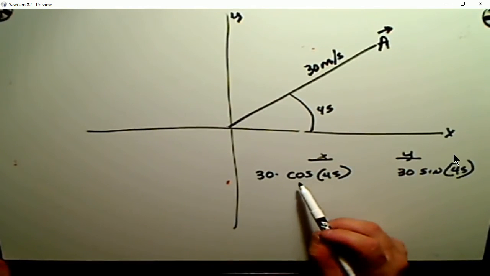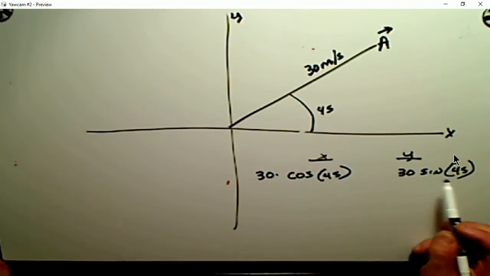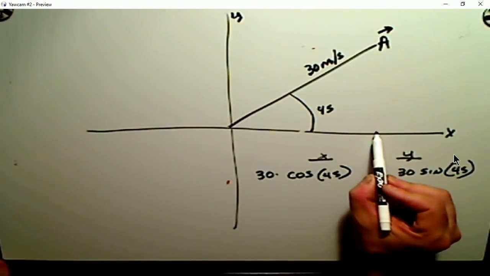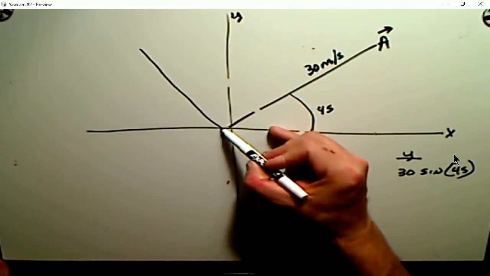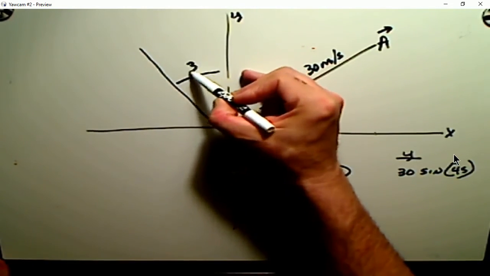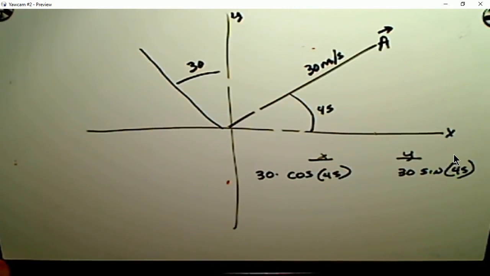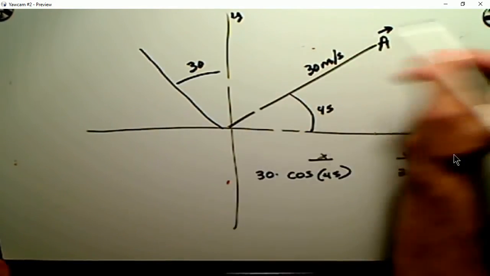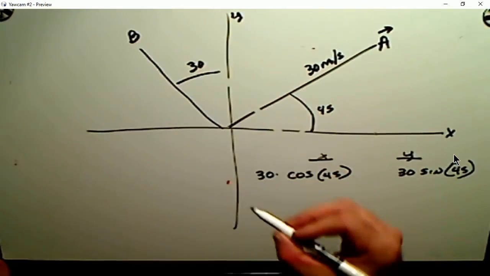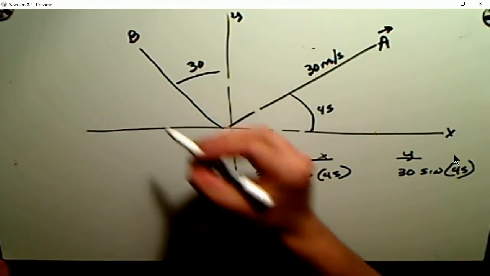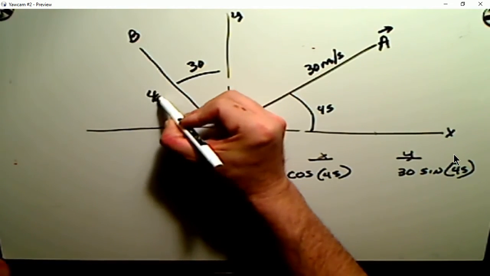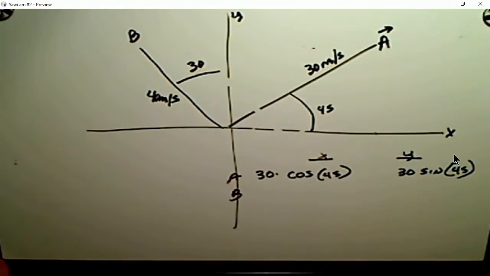We can stay consistent with cosine and sine, providing we always take it from the positive x when we go around. If I say this angle here, 30 degrees, I can immediately describe vector B here. This is vector A, then this is vector B. Let's say this is 40 meters per second.